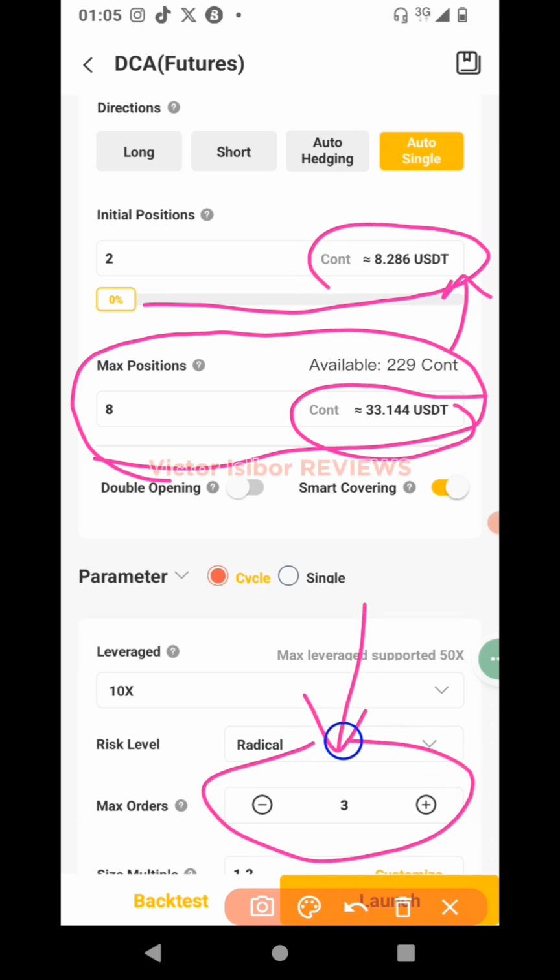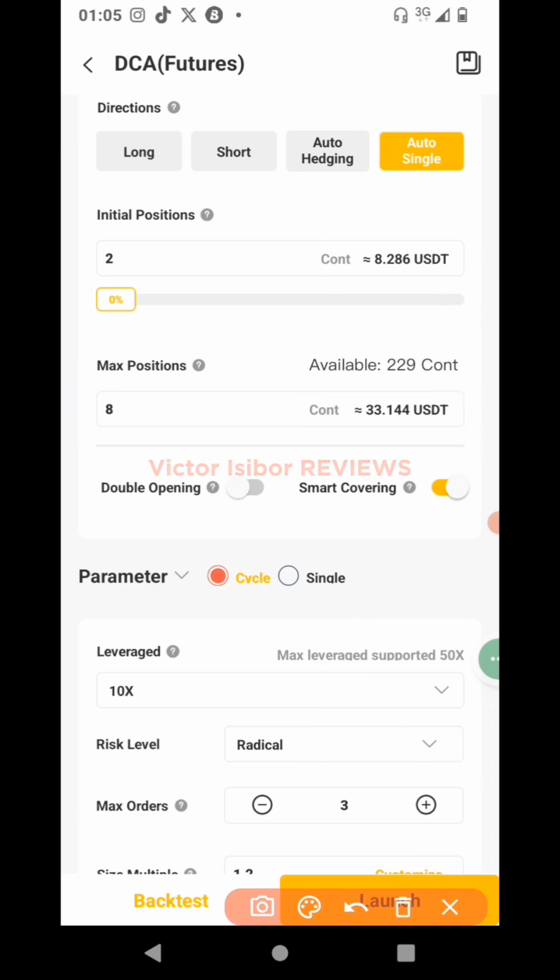We have 3 orders. Okay, so when you multiply that 8 by 3, you have the 33. So since we have 3 orders, our major concern and attention will be on the maximum positions contract. So that's the amount of money taken into the market for you.